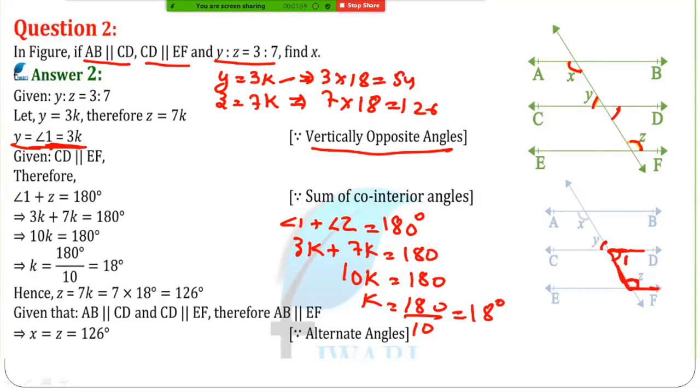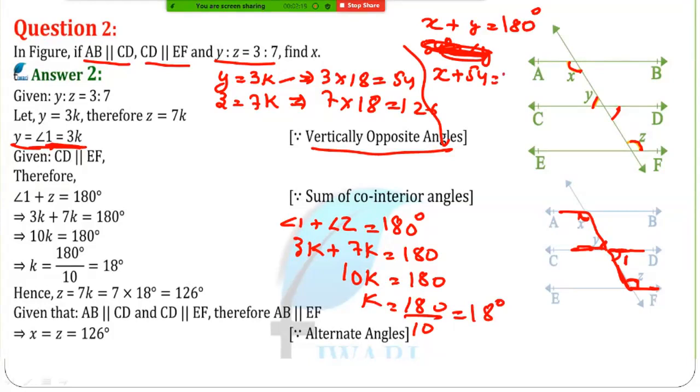So we have to find the value of this X also. Y and X are also co-interior angles. These are inside this figure. So X plus Y is equal to 180 degrees. So the value of angle X plus the value of angle Y, which is 54, is equal to 180 degrees.